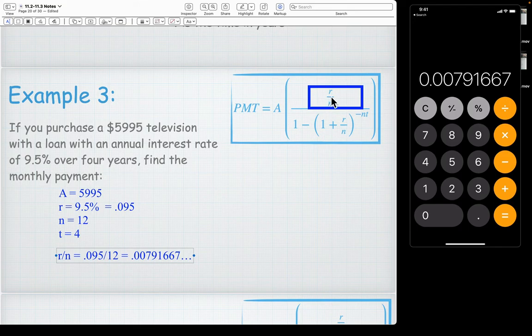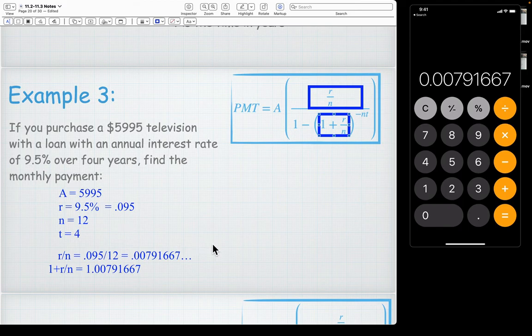Now, this r over n calculation is actually useful twice. It is the numerator, but it's also part of this chunk down here. So let me add 1 to that, and that's the part that's in the parentheses. So I've calculated that. Now the nt, so n times t, that's 12 times 4.